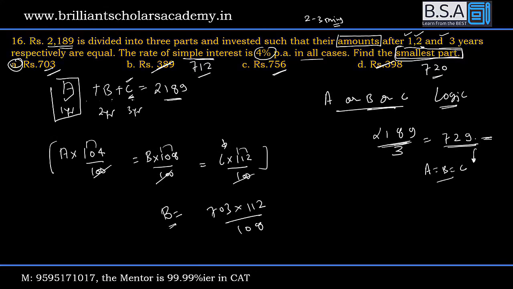You get the value of B. Similarly, the value of A will be 703 into 112 upon 104. So now you have A, B, and C, and then check whether it reaches the total sum. Otherwise, solving will be a waste of time because again you are dealing with larger decimals.